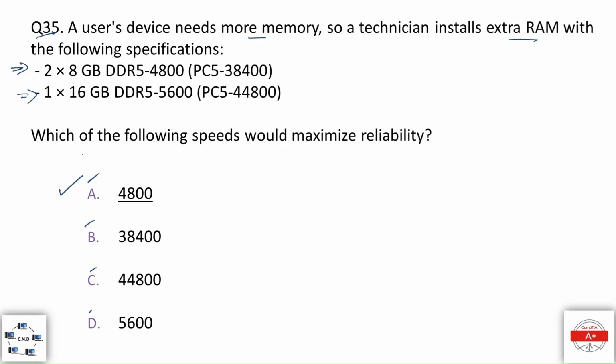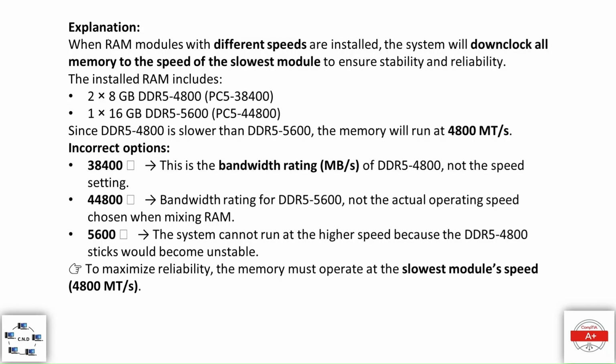And the explanation for this correct option is, when RAM modules with different speeds are installed, the system will downclock all memory to the speed of the lowest module to ensure stability and reliability.